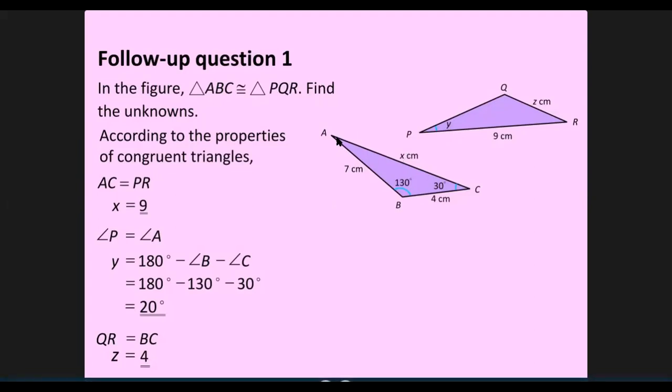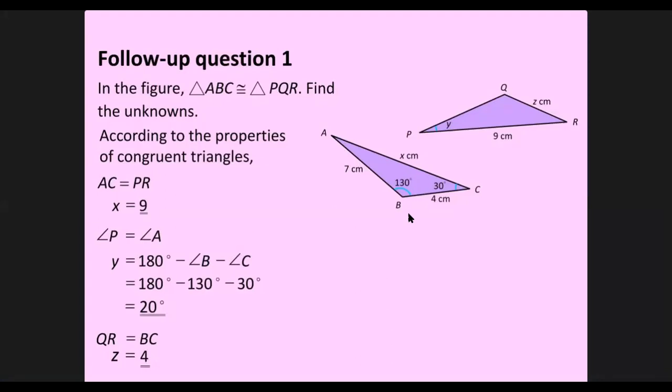Did you look at the triangle? No, it's 20. Sorry, yes, 20. Why, Debolina? Because we subtract from 180.